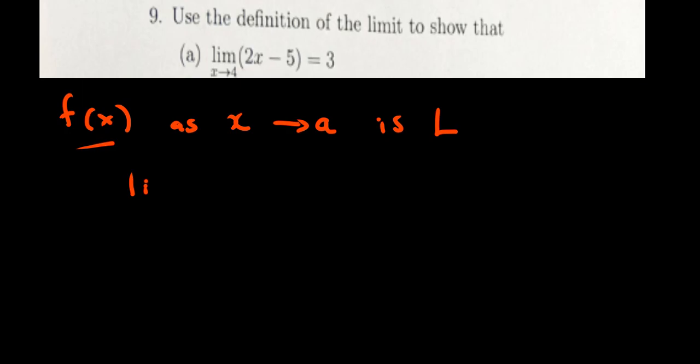Okay, so what is a limit? Now, we say that the limit of the function f of x as x approaches a is L. We say the limit of f of x as x approaches a is L, and it is written in the form the limit as x approaches a of f of x is equal to L. So L is the limit.